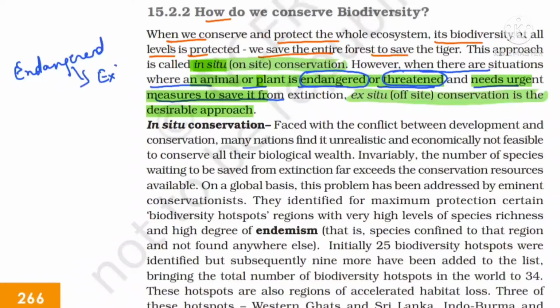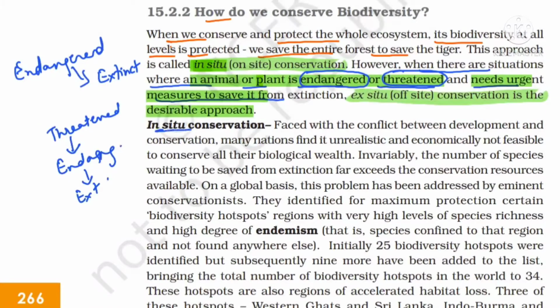Immediately they will go for extinction if we will not take care. Threatened are the ones which are not in the endangered category. Right now their population is low. If we will not take care, they will become endangered and then they will go for extinction. So the difference is clear, beta.